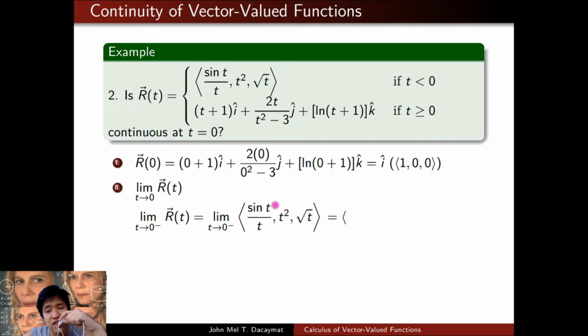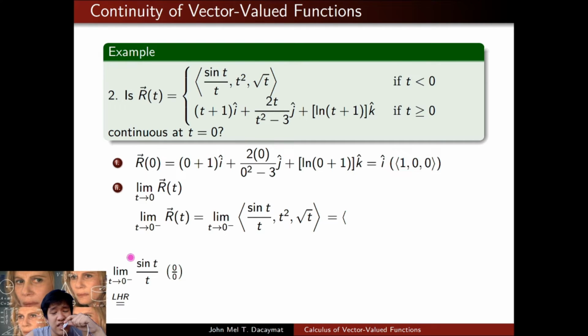For the first component, if you plug in 0, what do you get? You get sine 0 over 0, so that's 0 over 0. We might need to use L'Hopital's again. If you can do it mentally, that's fine. But if not, you can do a side computation right here. For the limit of sine t over t as t goes to 0, you can apply L'Hopital's.